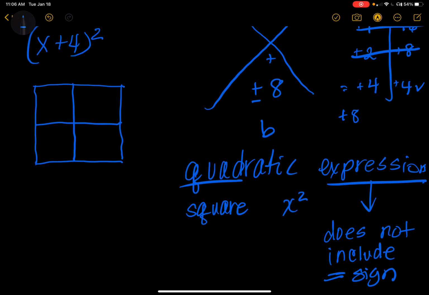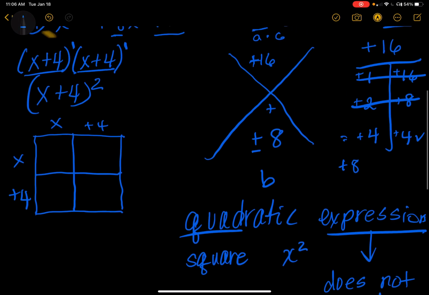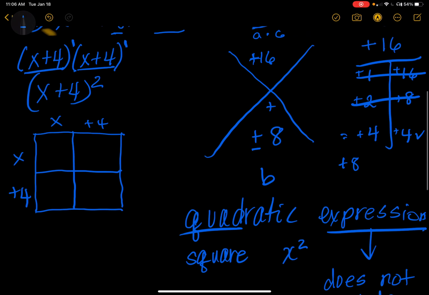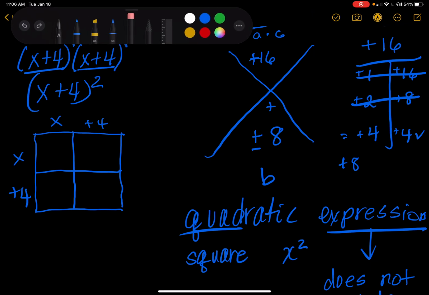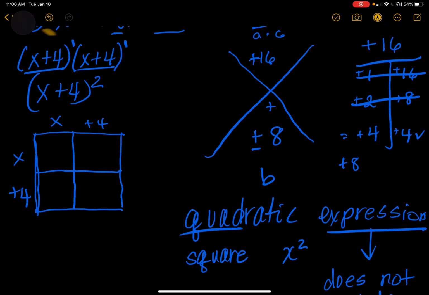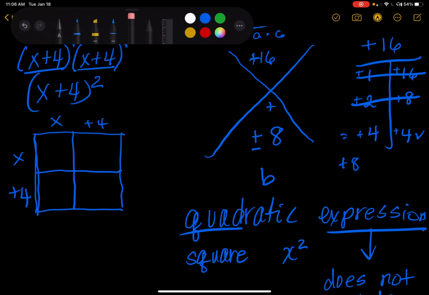Let me show you how to double check your solution. So we have x plus 4 times x plus 4. So we're taking our first term and placing it along the top, and our second term and placing it along the side. So now we're just going to multiply using the area formula.